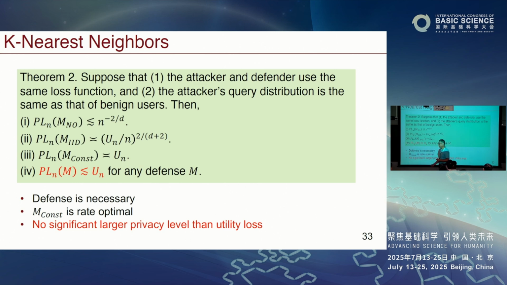Okay. So once you decide how much to suffer, okay, to the normal users, unfortunately, the attacker can learn to that degree. Therefore, in this case, you cannot mislead them to the degree that they do much worse compared to your utility loss. Okay, so the message is that defense, first of all, is necessary, and actually, the constant noising is optimal among all possible defense mechanisms, and you cannot have a larger privacy level than the utility loss, unfortunately. Okay. All right.